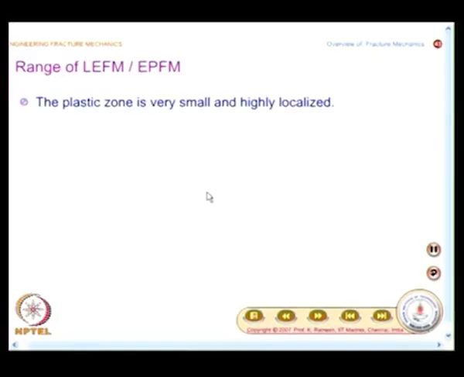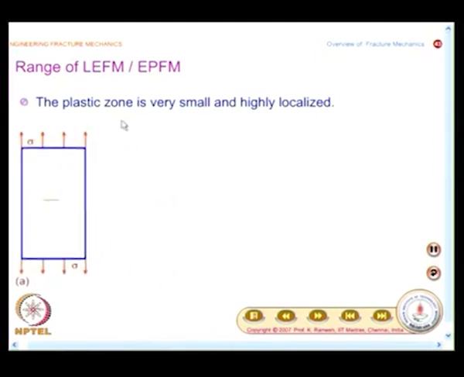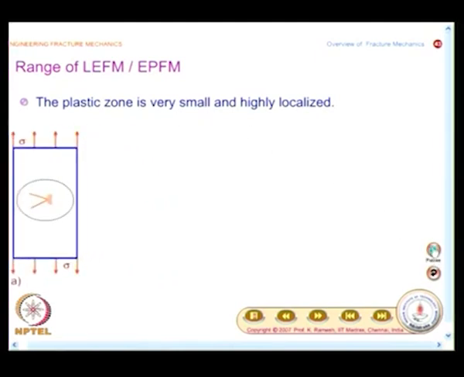Now, what we will look at is we will classify LEFM and EPFM based on the plastic zone, and certain ideas you will also get. The plastic zone is very small and highly localized, and this shows a small schematic of what would be the nature of the plastic zone.